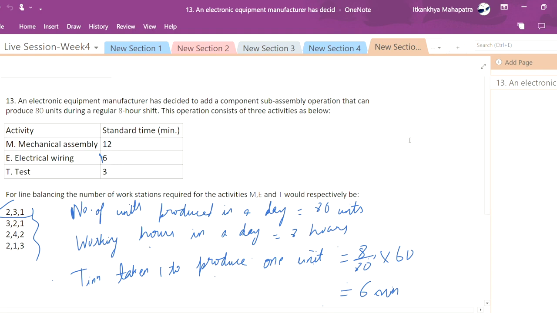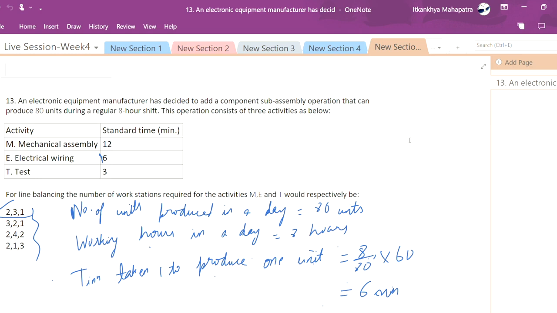It produces 80 units during a regular 8-hour shift. So it asks for line balancing, the number of workstations required for each activity.